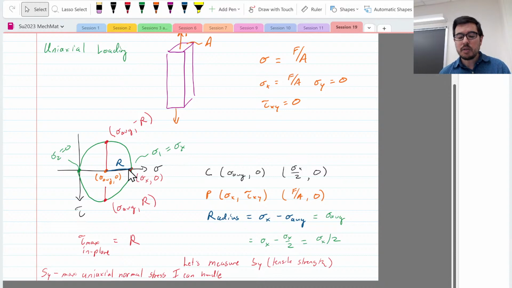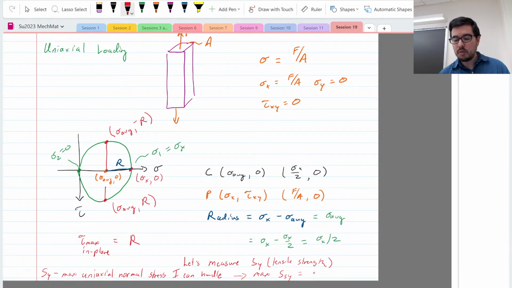So now the question is, what is my maximum shear strength that I can handle? Well, I have to go and look at where I have maximum in-plane shear stress. So sometimes we say SSY for the shear yield strength.